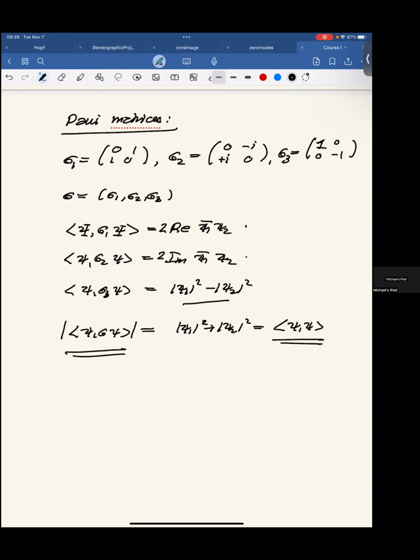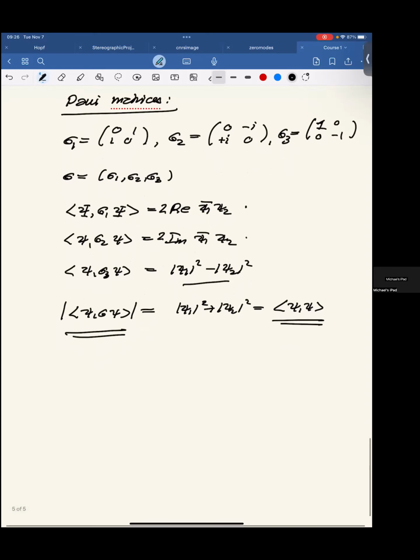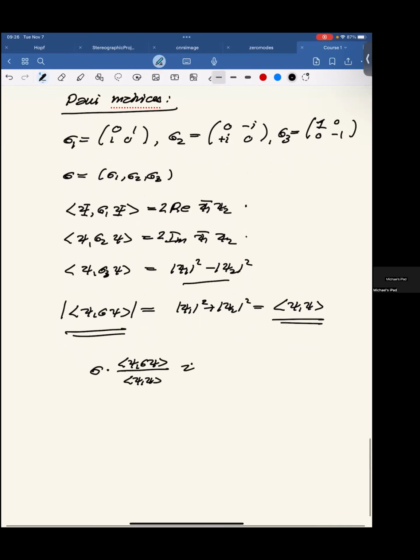By the way, this has another nice feature. If you take sigma, and you take this vector psi sigma psi, and you divide by its length, that's a matrix, right? A 2 by 2 matrix, it's a Hermitian matrix. And now it turns out that this matrix has the nice property that psi itself is an eigenvector with eigenvalue 1.